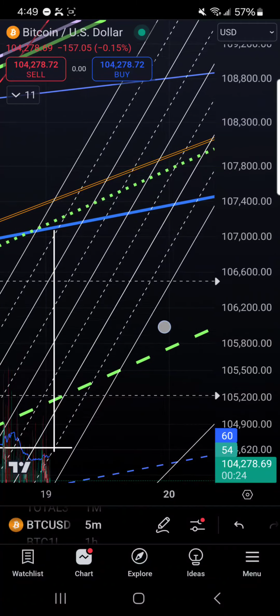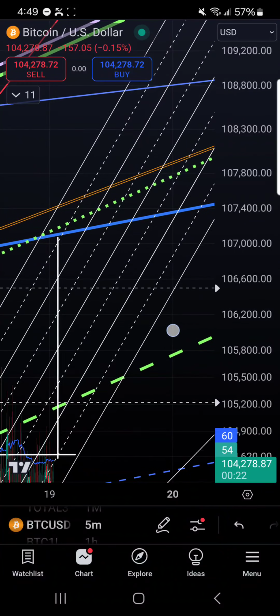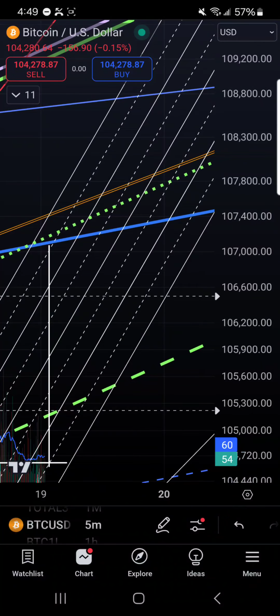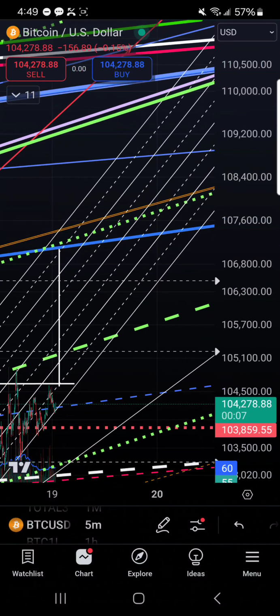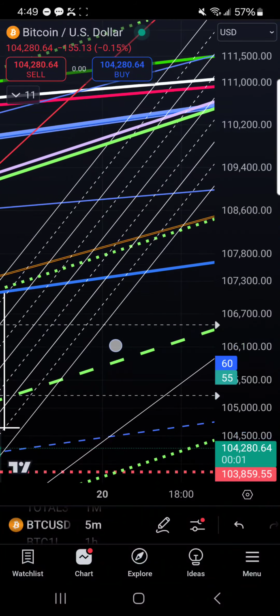But that gap would be filled if we do what I think we're going to do. But if the market really takes off, and this is the part of our parabolic cycle of the bull rally, then it could leave a gap there.